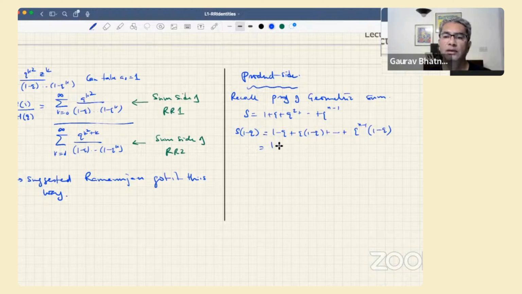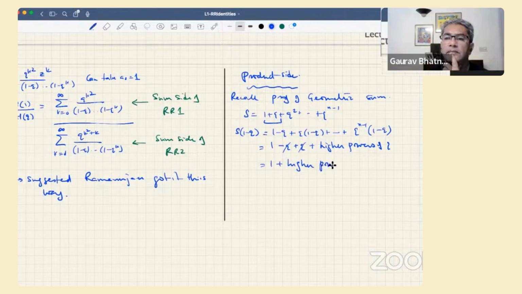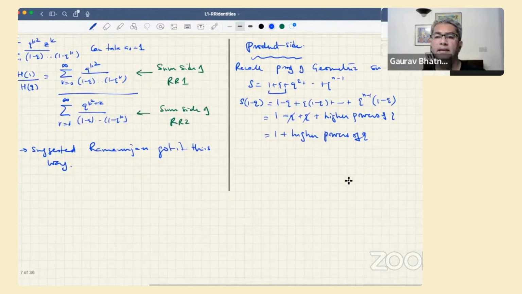So this is 1 minus Q plus Q, and then there are higher powers of Q. So this is the critical one. And this gets cancelled, so you get 1 plus higher power. Right.